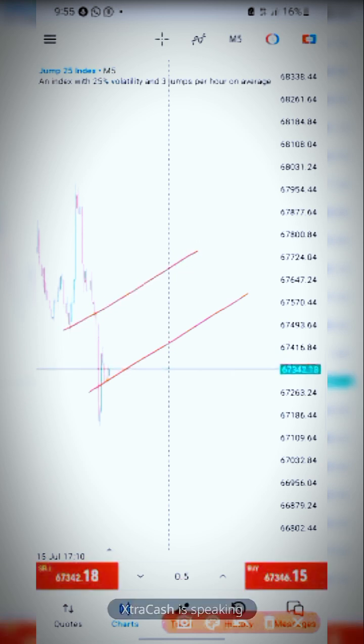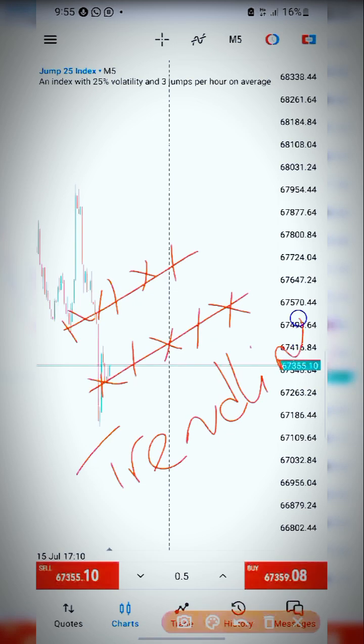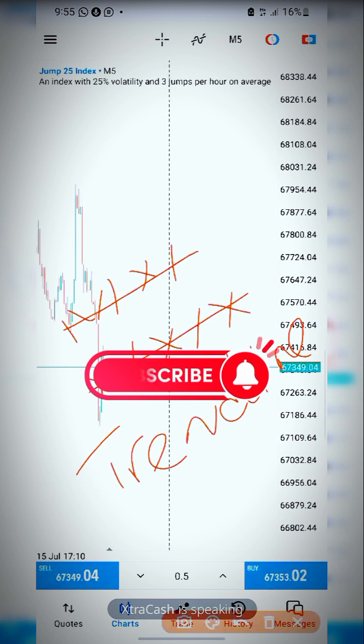So when it is something like this, we are talking about channel. So for now, the topic for today says trend line. Trend line and channel, they are similar. But tomorrow we'll be doing channel.